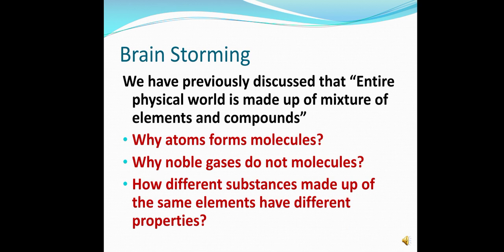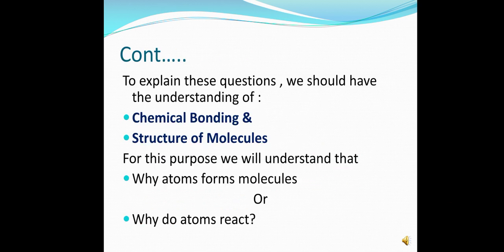So what is the difference in their arrangement that makes iron show two very different attributes? For this we will be answering these questions, and for answering them we should understand what chemical bonding is and what the structure of molecules is, and how chemical bonding affects the properties.